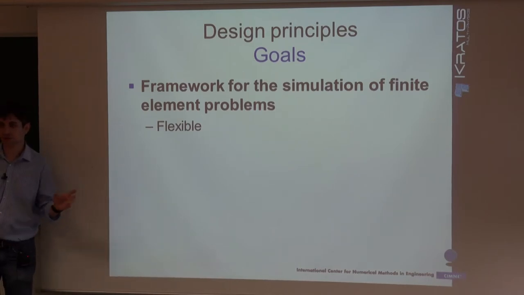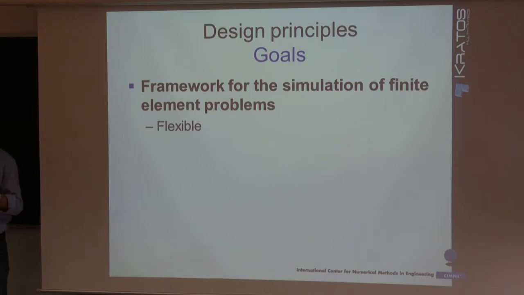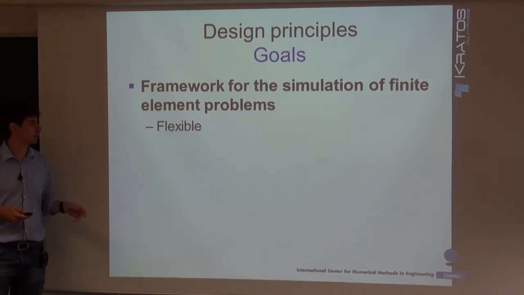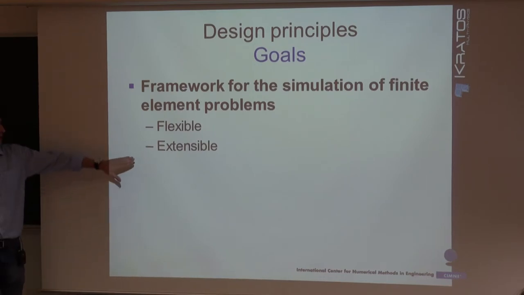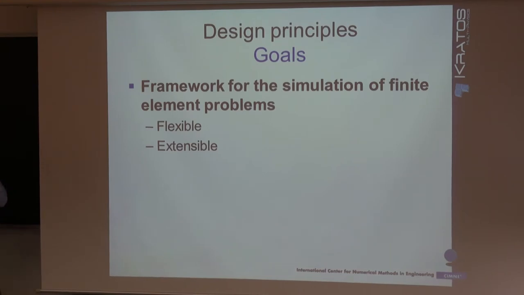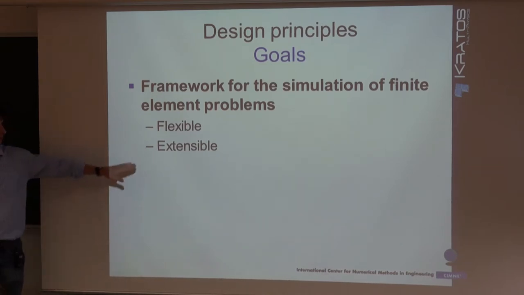All functions must accept arguments that are general enough to deal with different things. It must be extensible. It's not for one use. It can be used for many different things, so it must be easily extensible. That means that when you extend Kratos, you don't need to change the previous things that are in Kratos. This is what we understand by extensible.